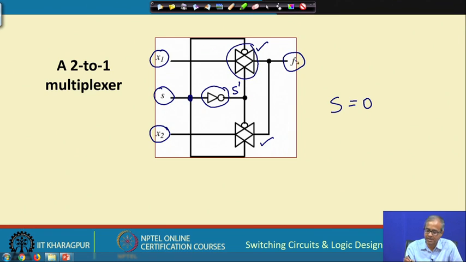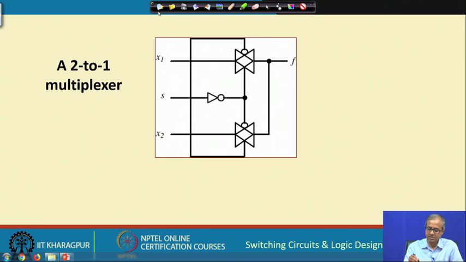So, X1 will be connected to F. But if S equal to 1, the reverse will happen. S equal to 1 means a 1 will be connected here, so this is off. But on the other hand this 1 will come here and 0 will come here, so this will be on. So, X2 will be connected. In this way I can have a 2 to 1 multiplexer very conveniently. So, using transmission gates it is very easy to do so.